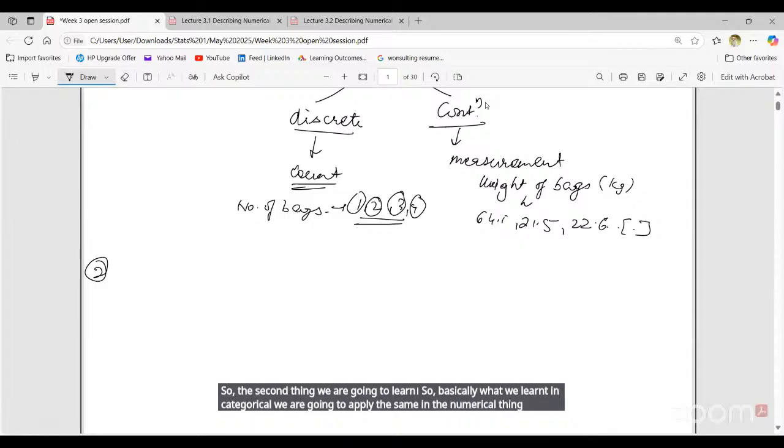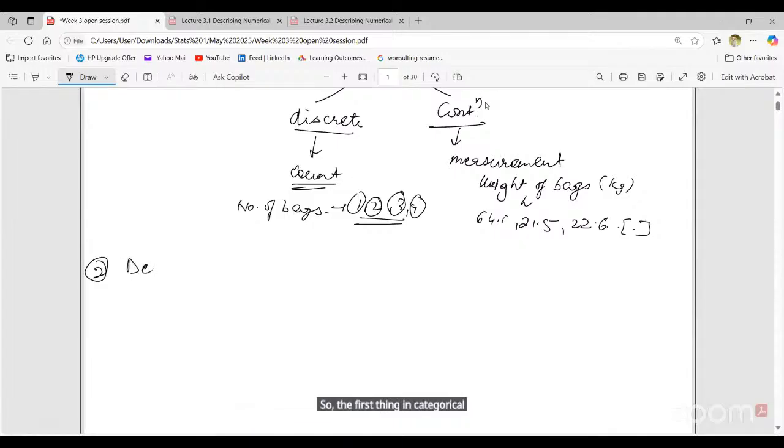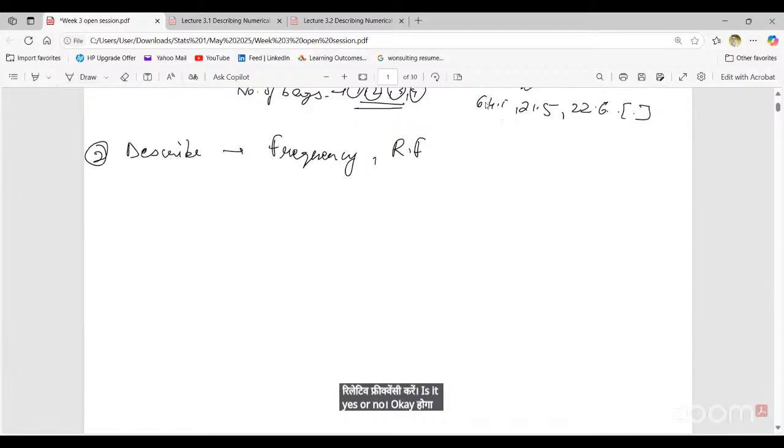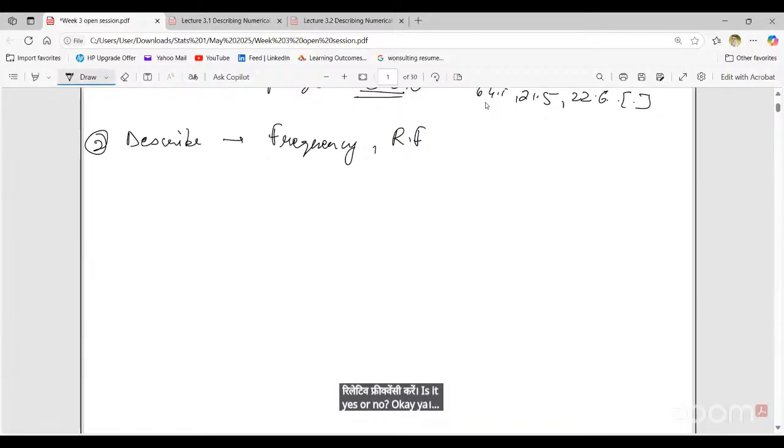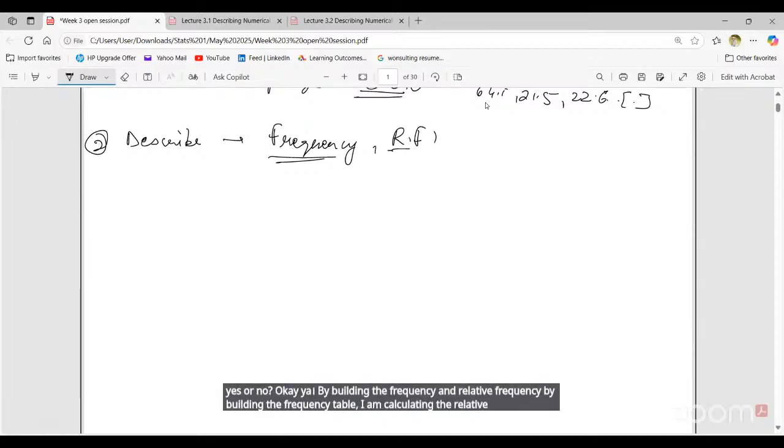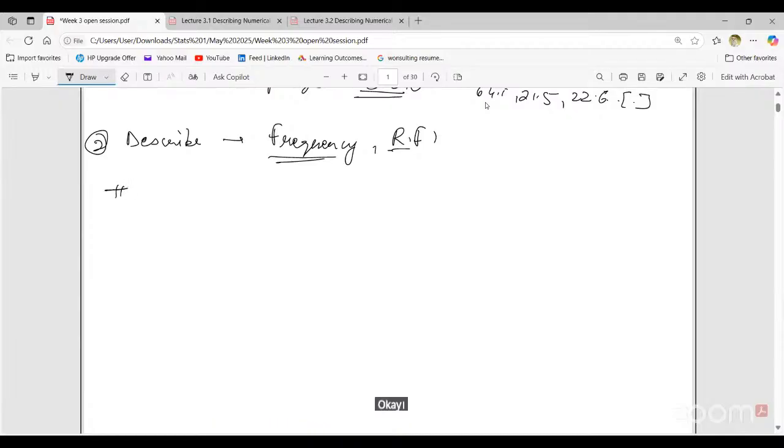How did we do it? With the help of frequency and relative frequency, by building the frequency table and calculating the relative frequency. These were the things that we were doing in categorical. Same we will do in the numerical.